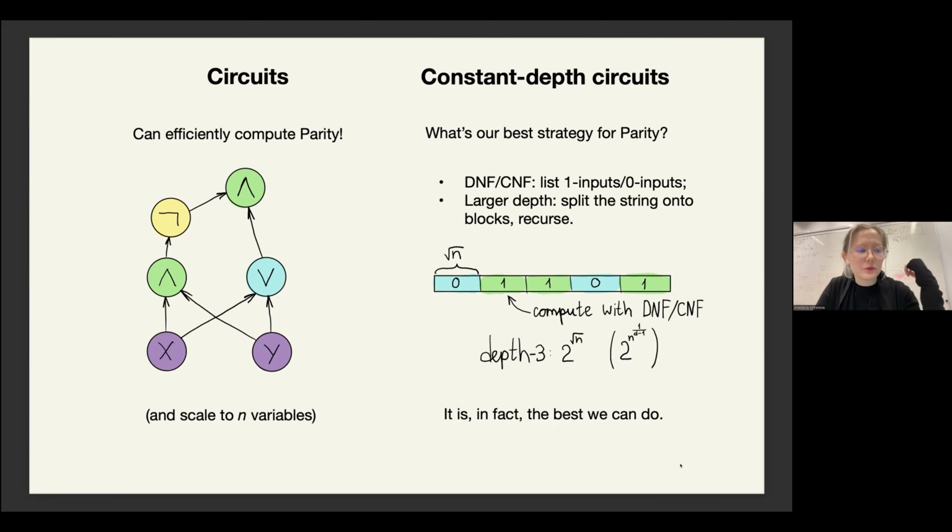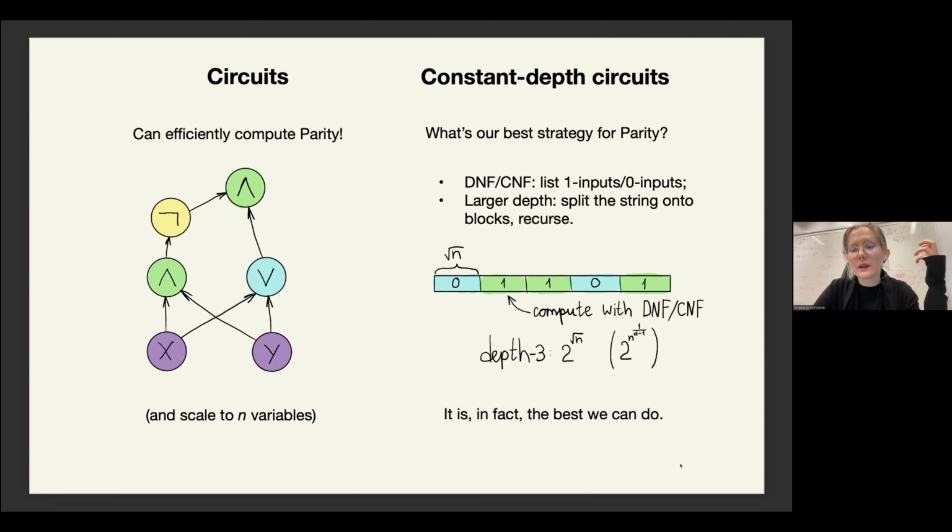You can also view this as having these blocks as meta variables in some sense. So I build a CNF or DNF on them. And then each block I can also compute with CNF or DNF. So that would be depth-2 plus 2, depth-4, but I can choose whether I'm computing a block with CNF or DNF so that the two middle layers collapse. So this gives us 2 to the root n in depth-3.